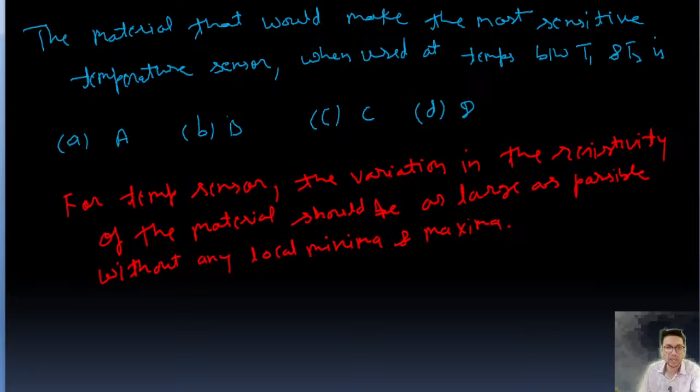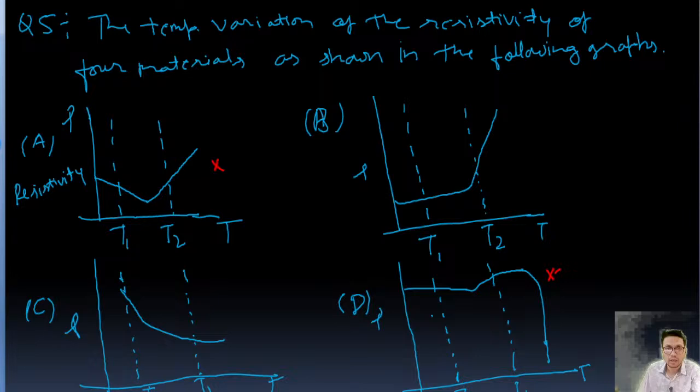So option C is the correct option, because there is a very huge variation. The other may also be correct, but it has very little variation in comparison. So this is going to be the best material for making a temperature sensor. Option C is the correct option.